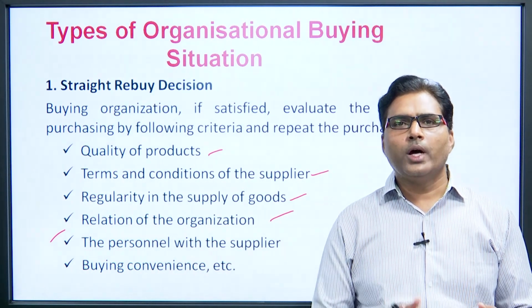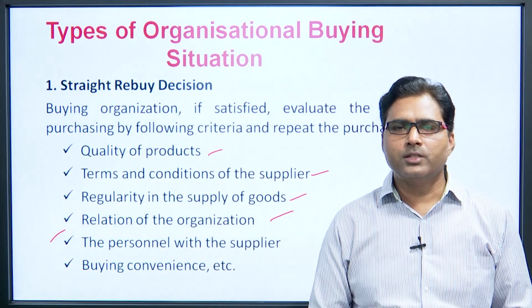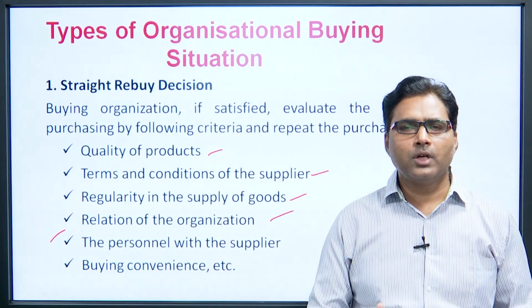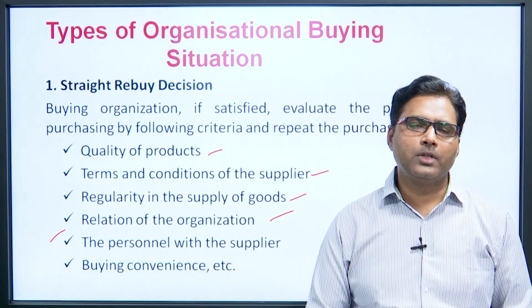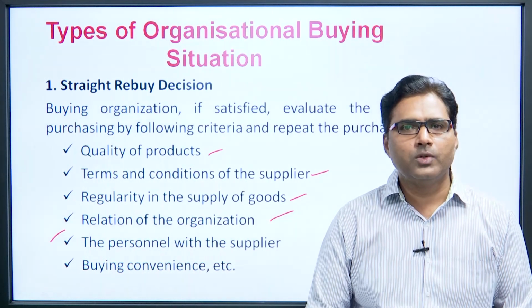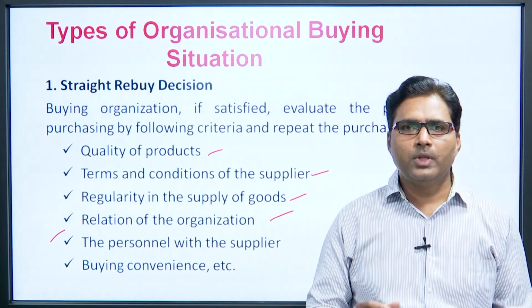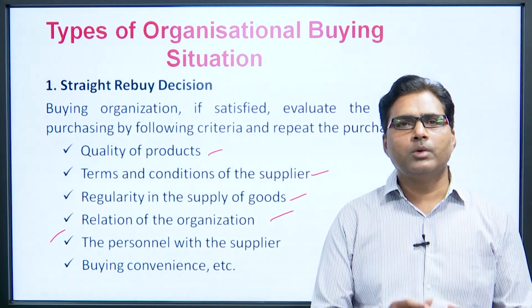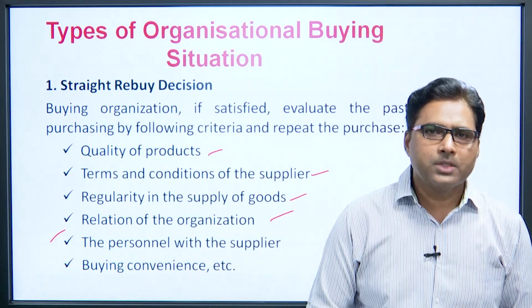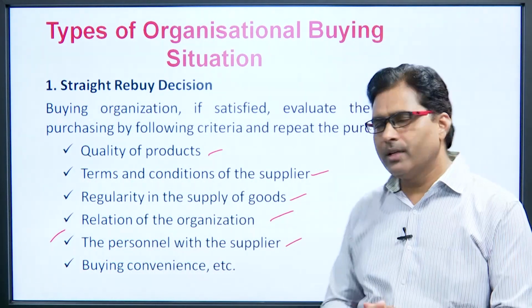At least two parties are involved in a certain transaction, buyers and sellers, and if buyers and sellers have good rapport with each other, good relations, good communications between them, then certainly they will feel comfortable in making the future decisions easily. The next element is the personnel with the supplier.